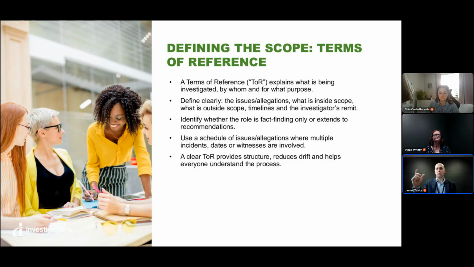Now, often we would focus and structure terms of reference in terms of the background. So the terms of reference may start with, the investigation is commissioned by, identify a commissioning manager, and then summarize the headline issues. And if a schedule of concerns or complaints is to follow, it would outline that.